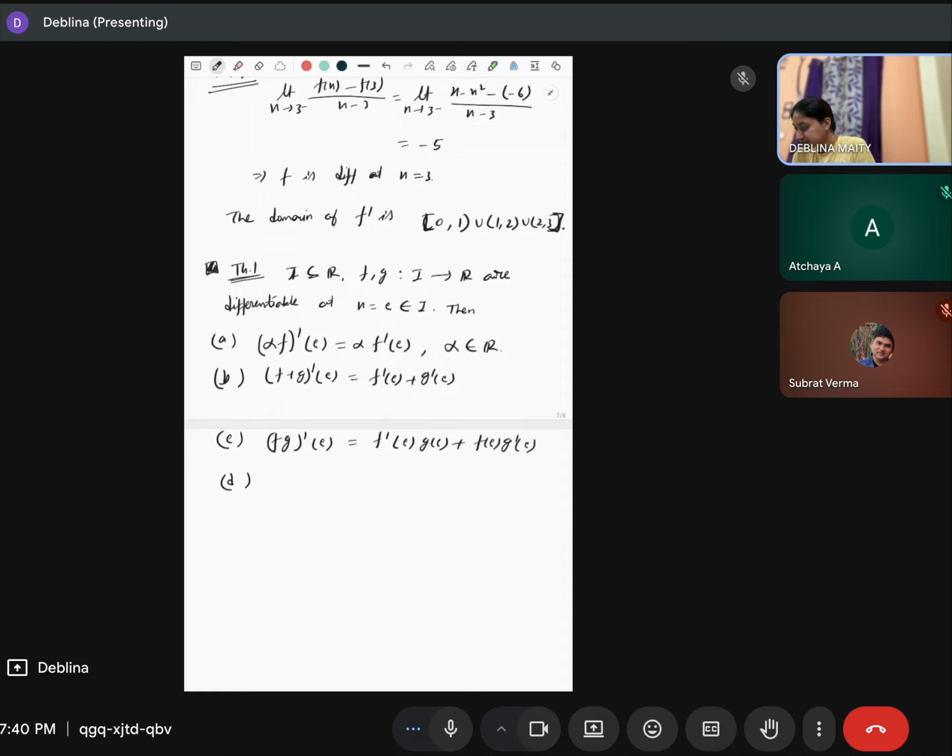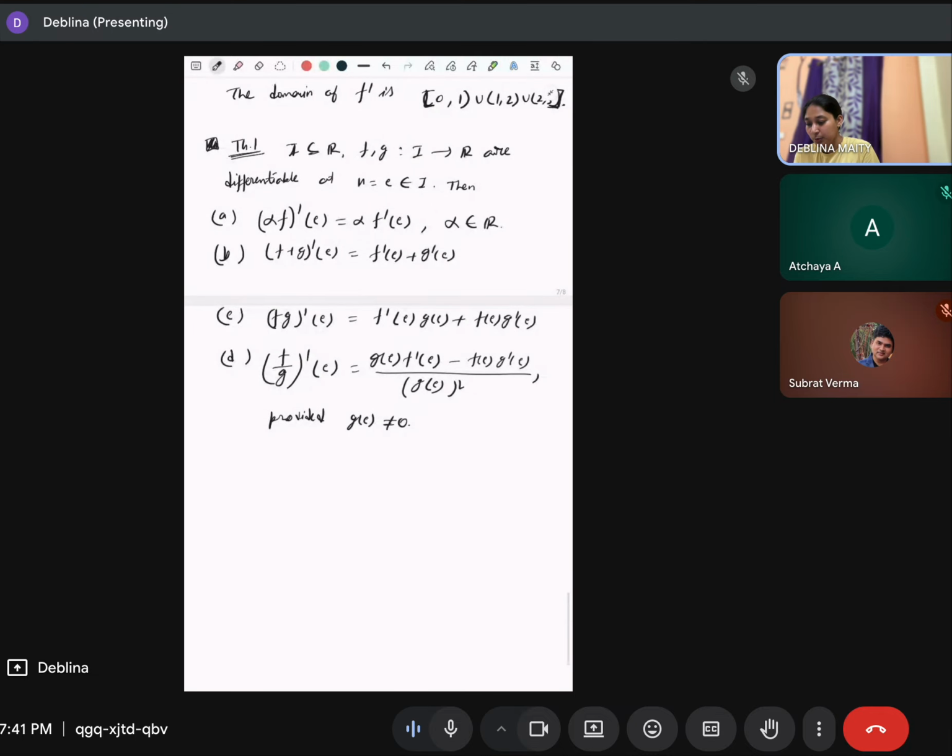And for f by g, provided g c is not equal to 0, then f by g dash is this one. These are some formulas.